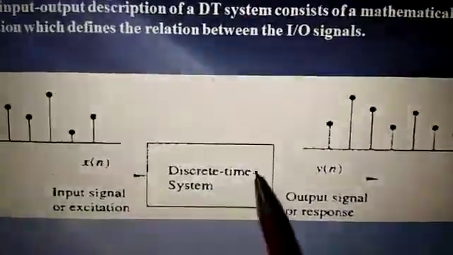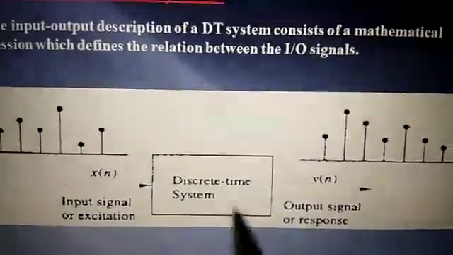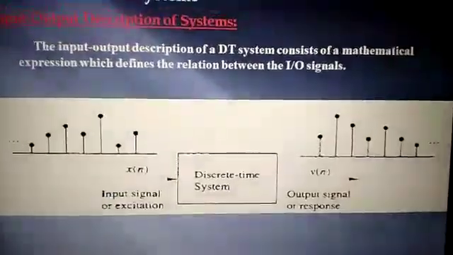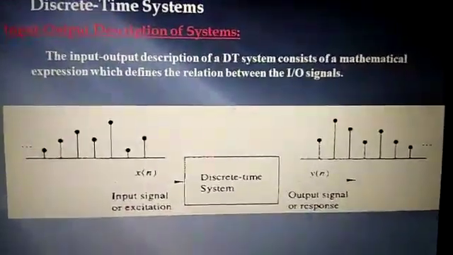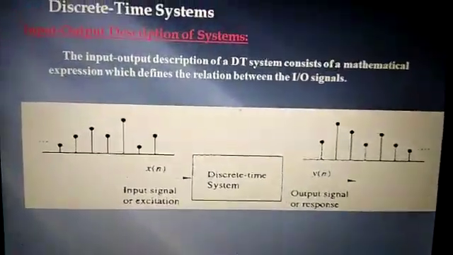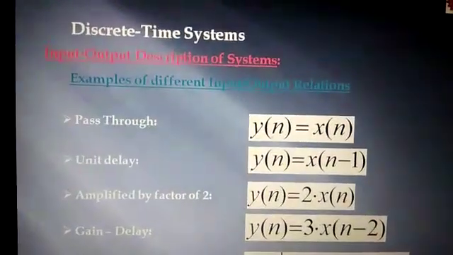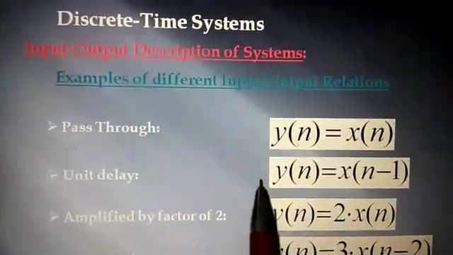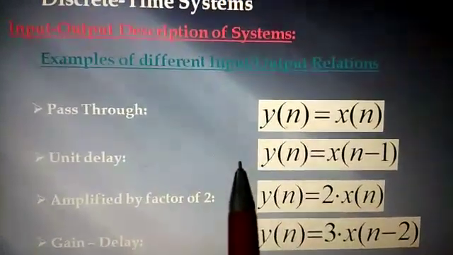Now within this discrete time system, any of the transformations or relations described in the problem or system may be here. Let us see now the various types of relations used in discrete time systems or digital signal processing.